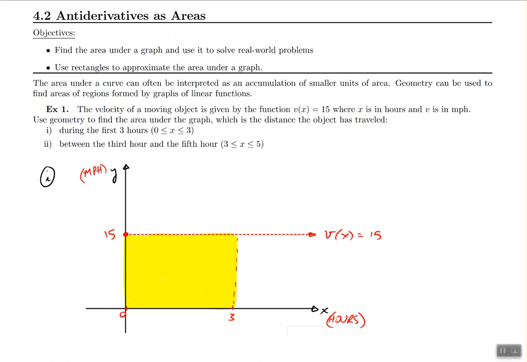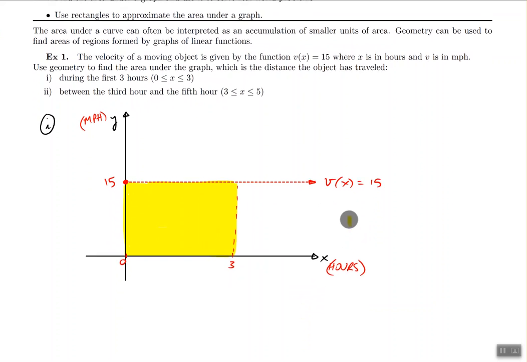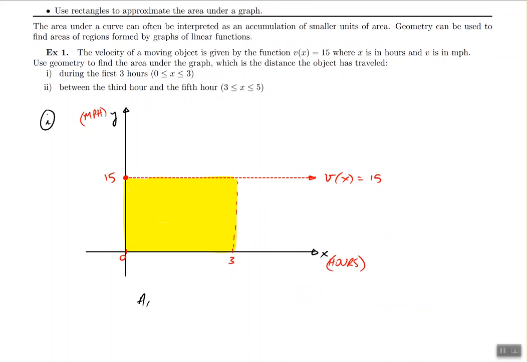What we need to remember is the area of a rectangle is given by the length times the width. So the area of this yellow rectangle is the length multiplied by the width. Another way of saying that is to multiply one side by the other side. On this problem, how big is this side?